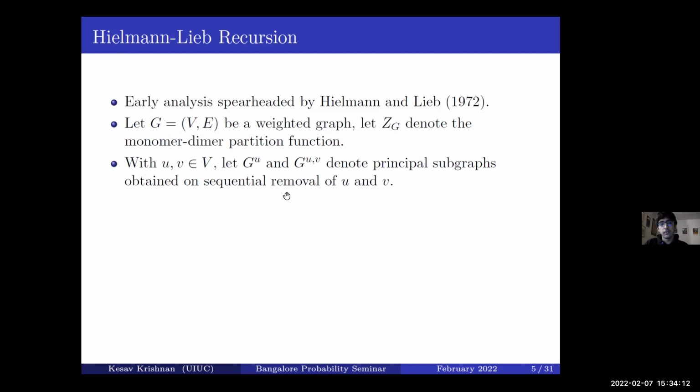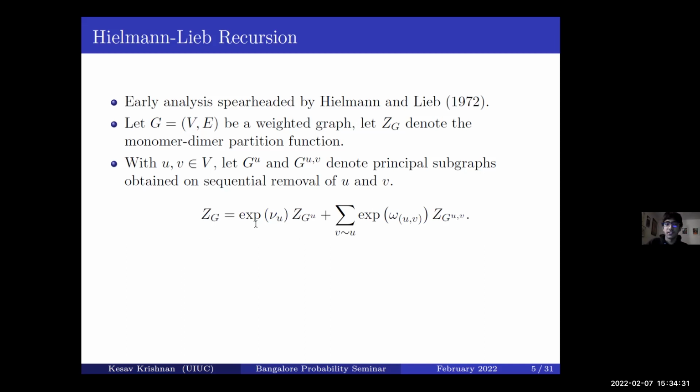Suppose you have U and V in your vertex set; you denote G_U and G_UV as the principal subgraphs obtained on the sequential removal of U and V. You have this recurrence relationship for the partition function, where Z_G is written as a sum of two terms.